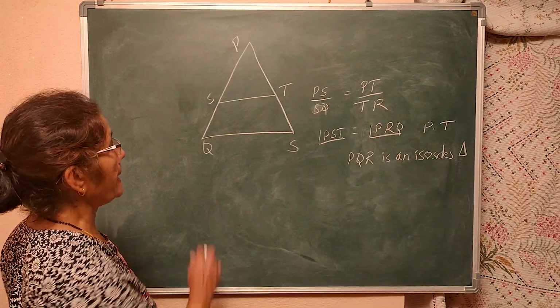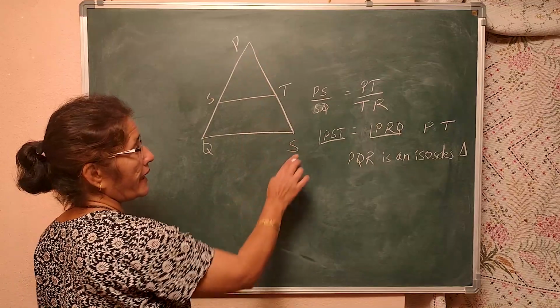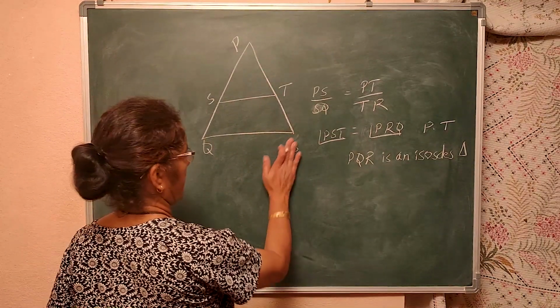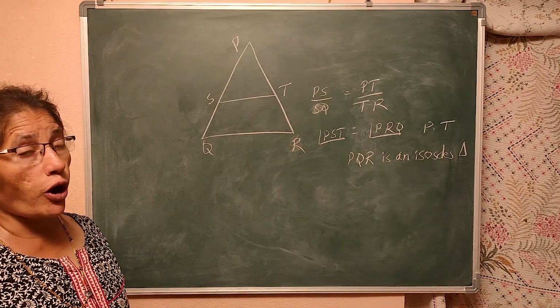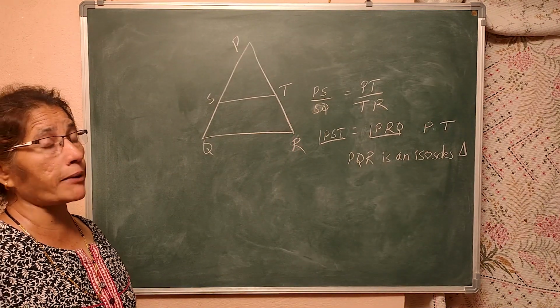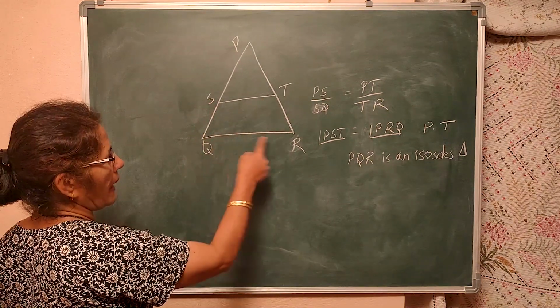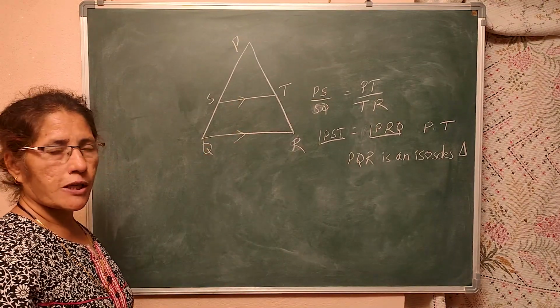Let me read. PS by SQ is equal to PT by TR. Right? According to the converse of the basic proportionality theorem, if the sides are proportional, then the line drawn is parallel to the third side. So therefore ST is parallel to QR.